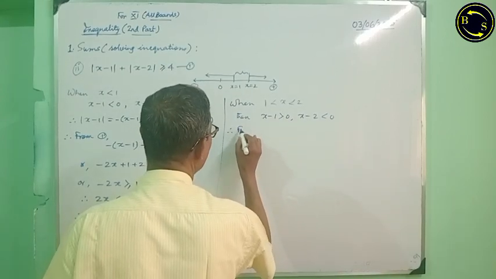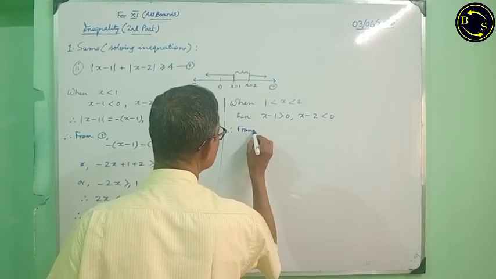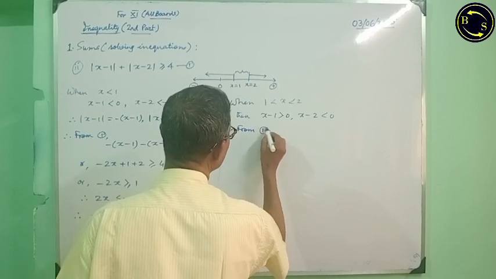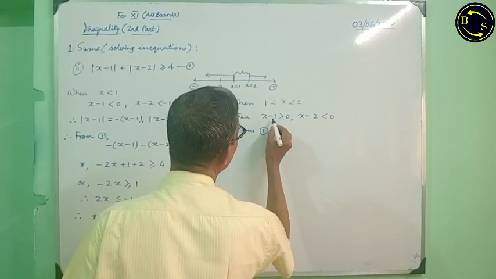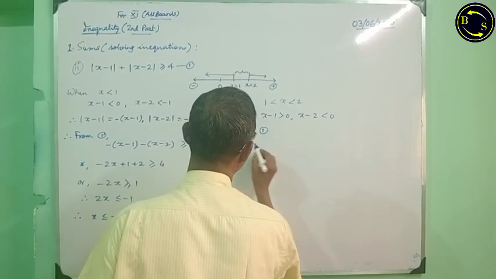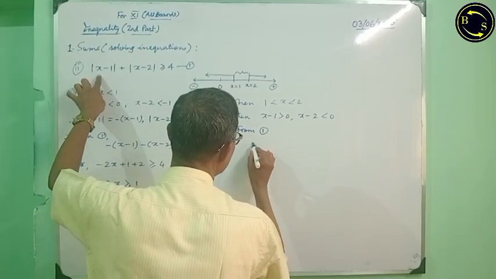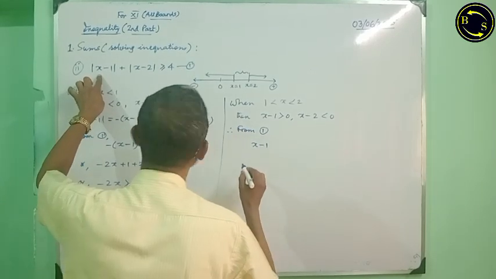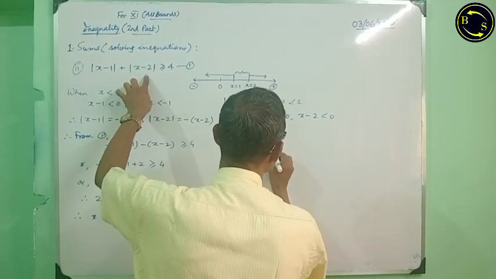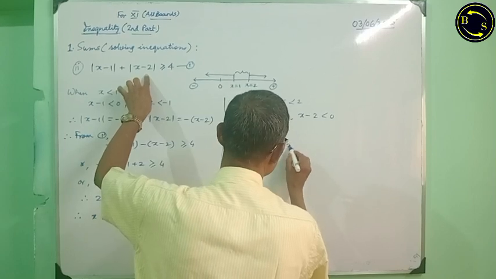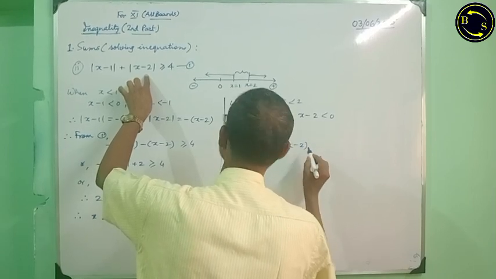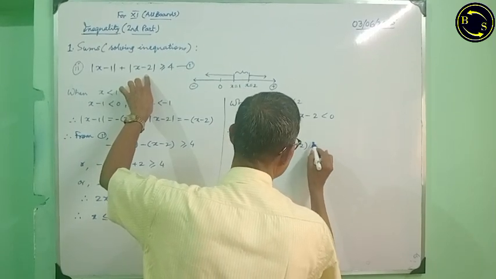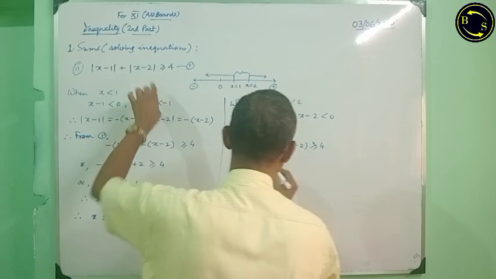Therefore, from 1, modulus of x minus 1 will be x minus 1, and modulus of x minus 2 will be minus within brackets x minus 2 greater than equal to 4.